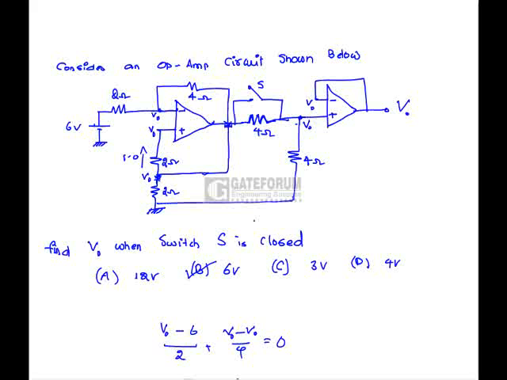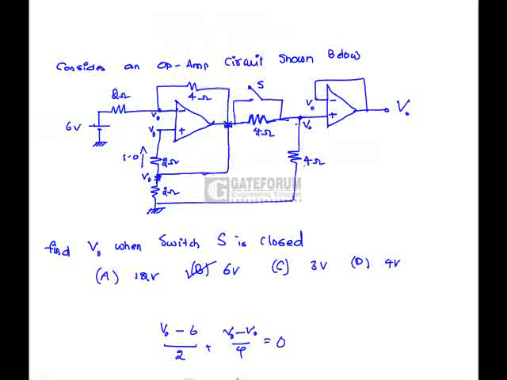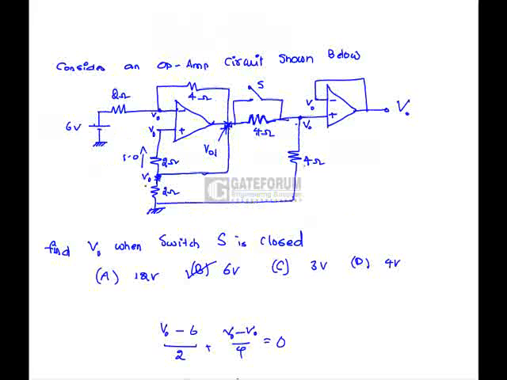If I indicate this node as V01, then V0 is V01 by 8 into 4, that is V01 by 2. So V01 is nothing but 2V0. If this is V01, this is also V01.